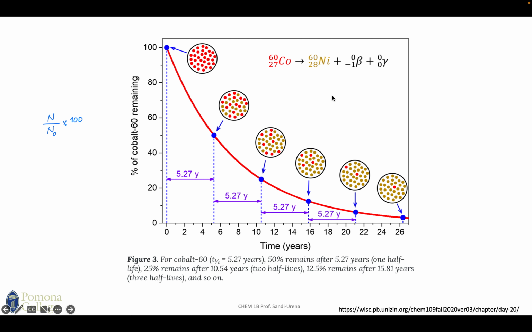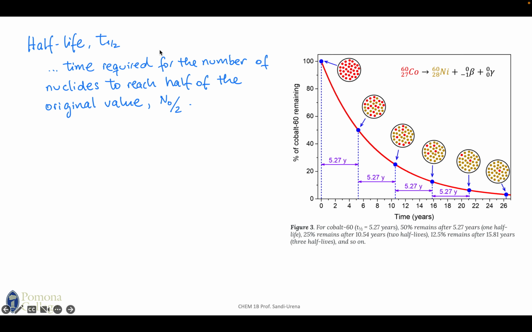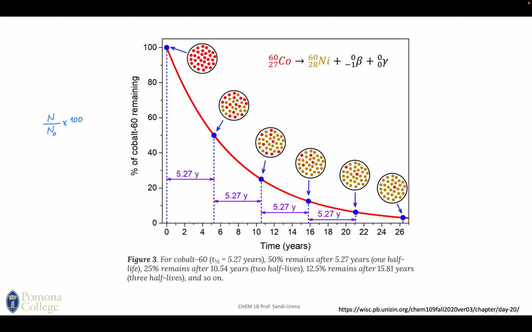What does this plot tell us? We've got 100% here. If we look at the plot, we go down here and see that this point right here corresponds to 50%. So that's when we have 50% of the material left unreacted.